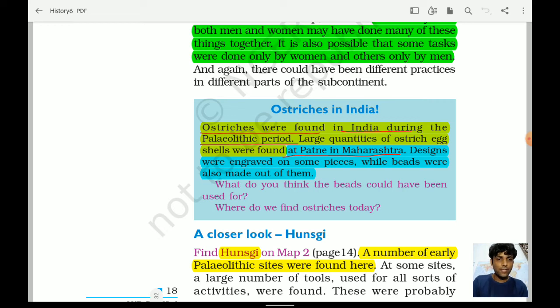Keep this in mind: Patna in Maharashtra is an important site in terms of ostriches. Designs were engraved on some pieces, while beads were also made out of them. Beads are small round-shaped things, so that is called a bead.